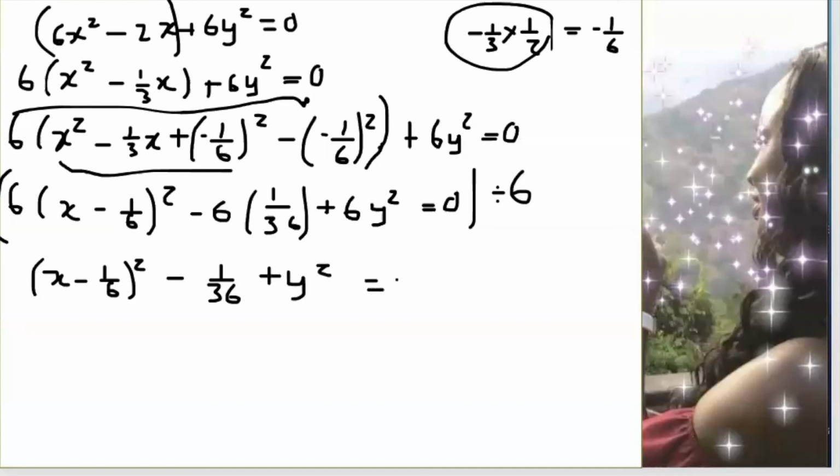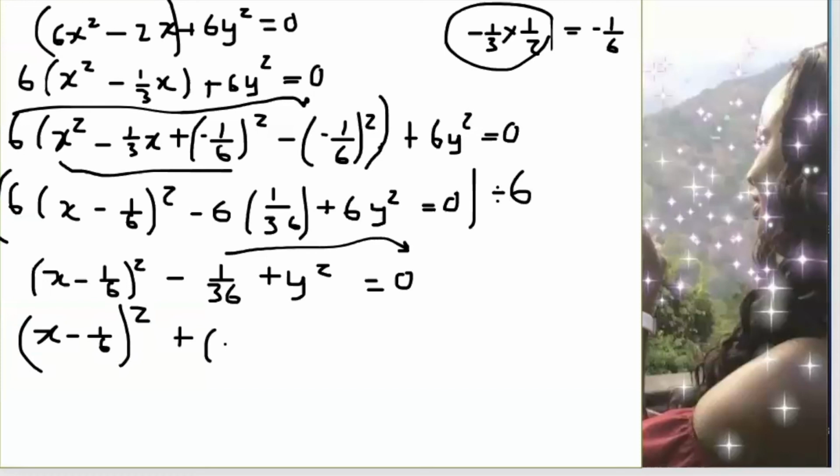Now, here I'm trying to see what's happening here. So if I carry this over, I will have x minus 1 over 6 all square, and I'll have plus y squared, which is the same thing as y minus 0 all square, still y squared.